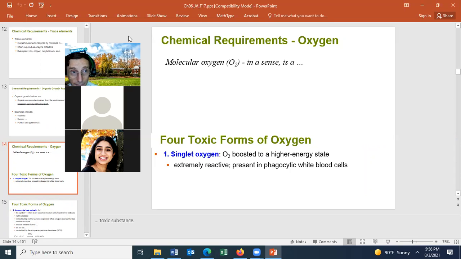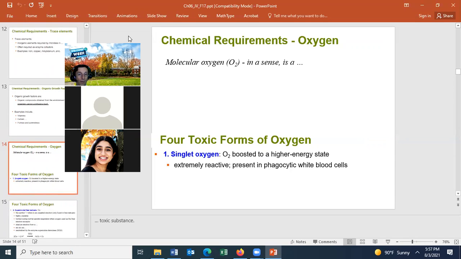But when oxygen is metabolized, it can be toxic. And the trouble is our cells use oxygen, and so they make or metabolize these toxic oxygen intermediates. There are 4 toxic forms of oxygen.